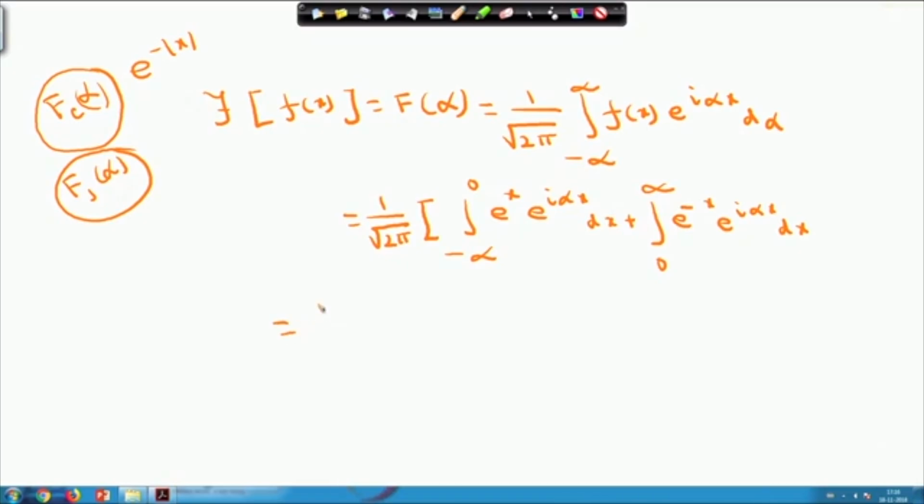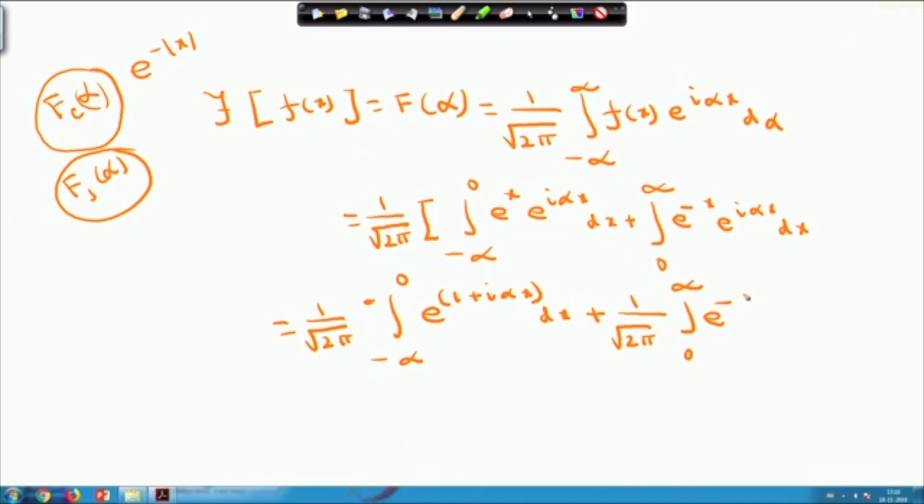So, this equals, I can write down 1 by root 2 pi into minus infinity to 0, I can make it e power 1 plus I alpha x into dx, plus 1 by root 2 pi, I am just separating both the integrals, 0 to infinity e power minus 1 minus I alpha into x into dx.